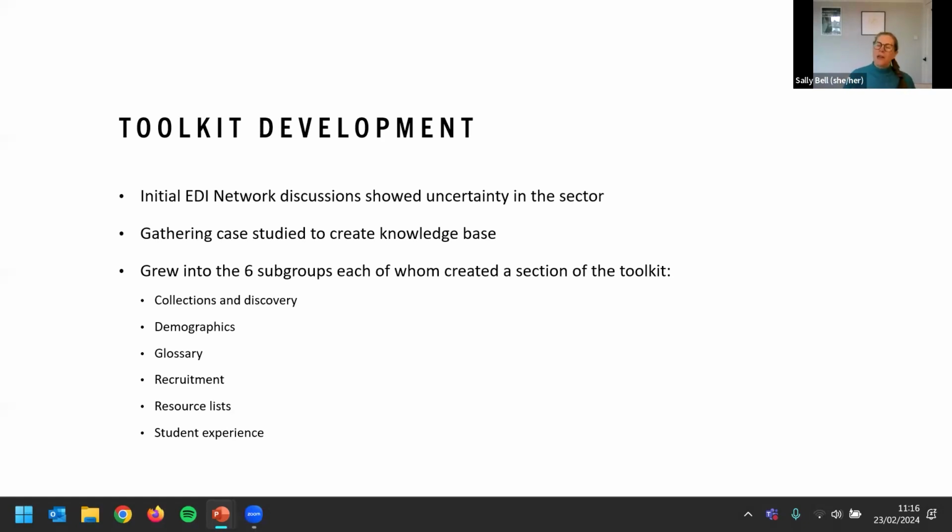But in this case, we had large, wide-ranging conversations, and we ended up with 6 subgroups of the EDI network, and each subgroup created a section of the toolkit, and there are those 6 sections available. So we have collections and discovery, which is broadly what you have and how people find it.